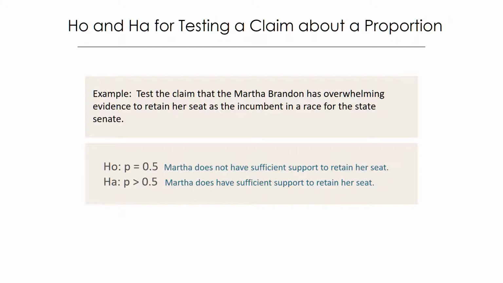So that she does not have sufficient support to retain her seat, whereas the alternate hypothesis would be that the proportion of people that support her is actually greater than 50%, and she does have sufficient support to retain her seat. So again, keep in mind that the null hypothesis has to involve equality, and the alternate hypothesis has to involve inequality in some way, either greater than or less than or not equal.